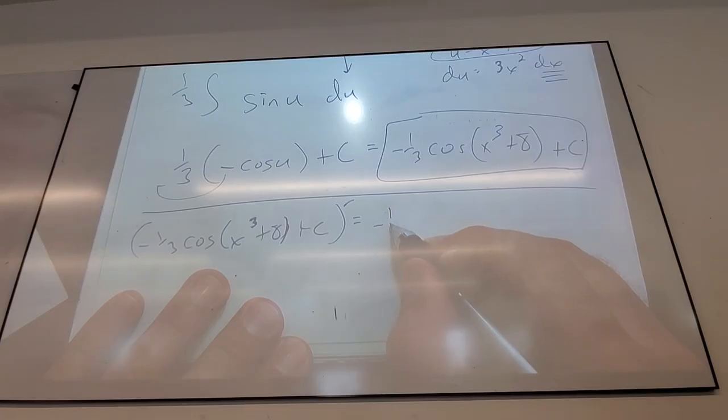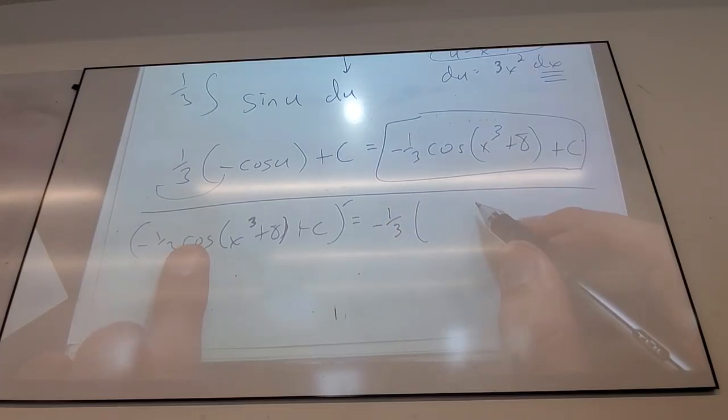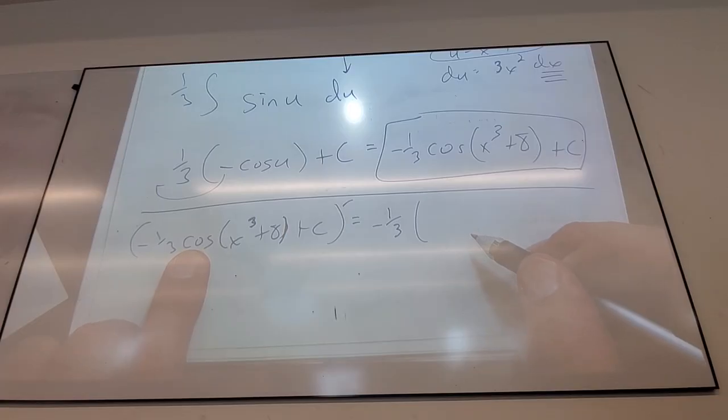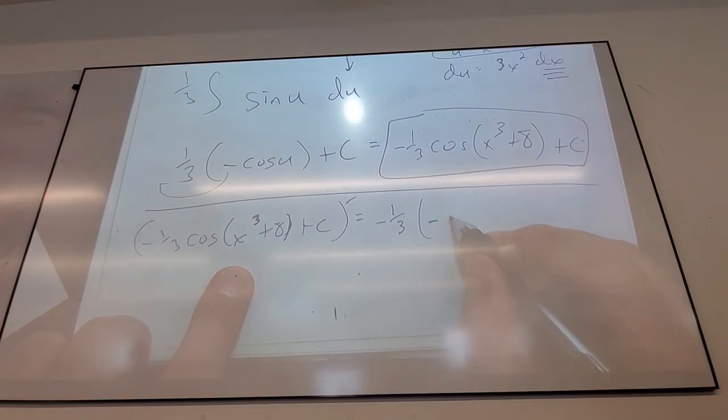I'm going to do this fully out. What really sucks is when you go from derivative to integration, that's where you're going to hear the gears grinding. What's the derivative of cosine stuff? Negative sine stuff.